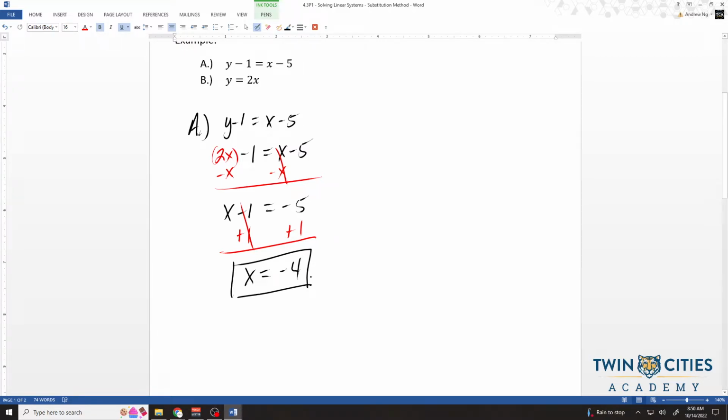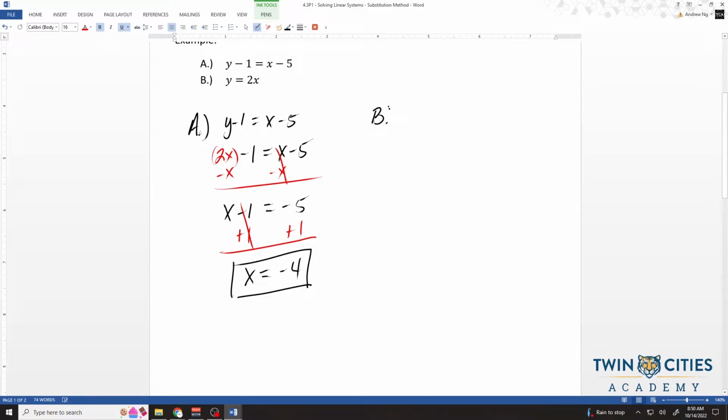Okay, so that means that in this system, x is equal to negative 4, which means that in both equations here, where I'm looking for the intersection, x is going to be negative 4. I can then take this and plug this into either of these equations to find out what y should be. Now, since B looks a little bit easier for me to plug this x equals negative 4 into, let's do that.